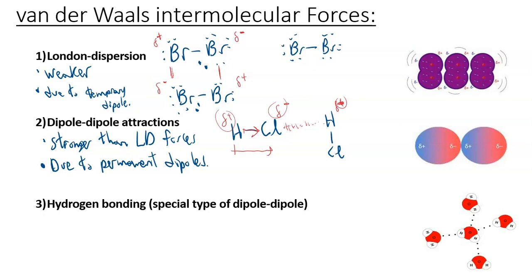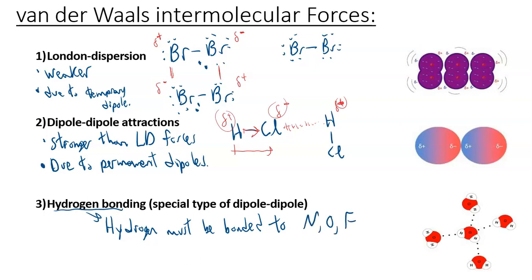Good. And then our third type, it's a special type of dipole-dipole attraction. It's when you have a dipole with hydrogen. And the key here is that hydrogen must be bonded to a nitrogen, an oxygen, or a fluorine.